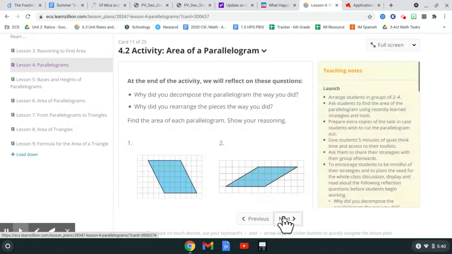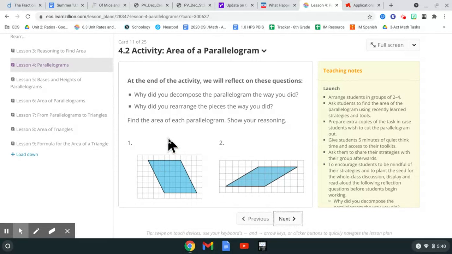Alrighty, we are going to move on into the next activity. So we're going to reflect on these questions. Why did you decompose the parallelogram the way you did? That was a vocabulary word that you should have looked at in the summaries of lessons 2 and 3. But it basically means that we chop up the parallelogram and rearrange the pieces in order to find the area.